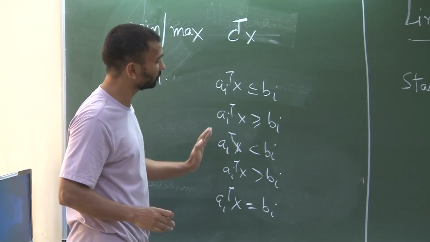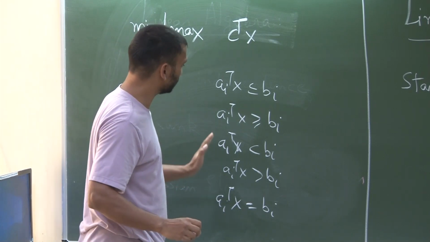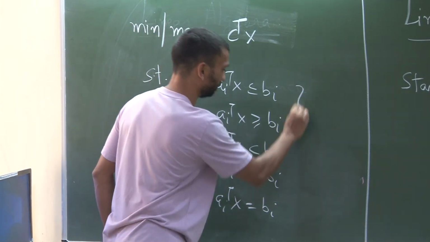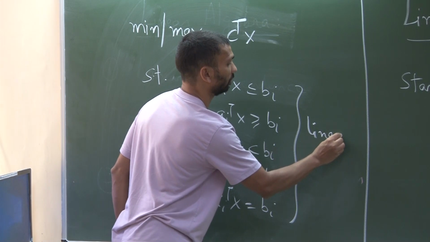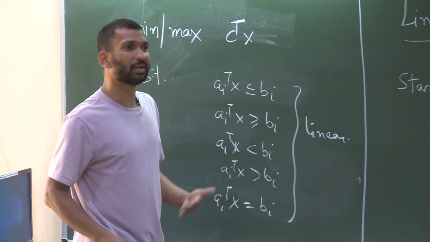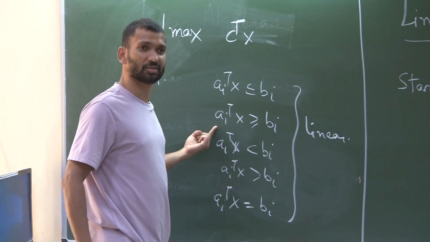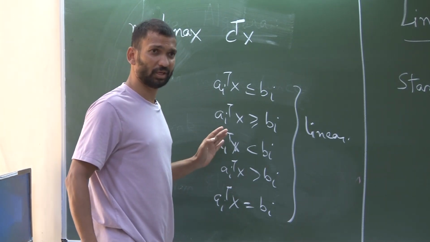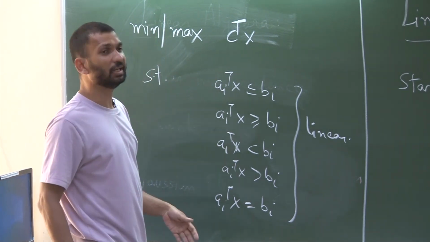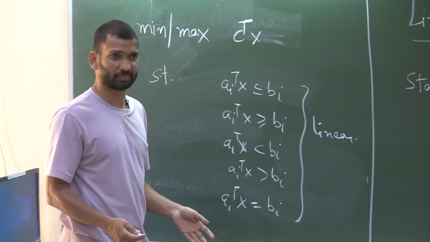All of them, yeah, so they seem linear, right? And remember, x greater than equal to 0, I can represent it as this, right? So these are the kind of possible linear constraints I can put.